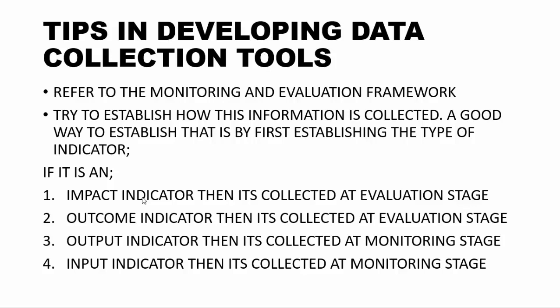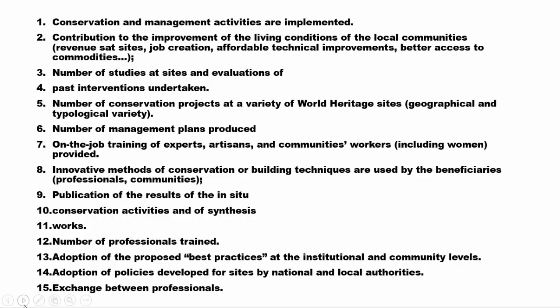Then when you've got the output indicators and the input indicators, that is where monitoring takes place. So that is where most organizations have to develop their tools. Okay, so now there are the indicators again.